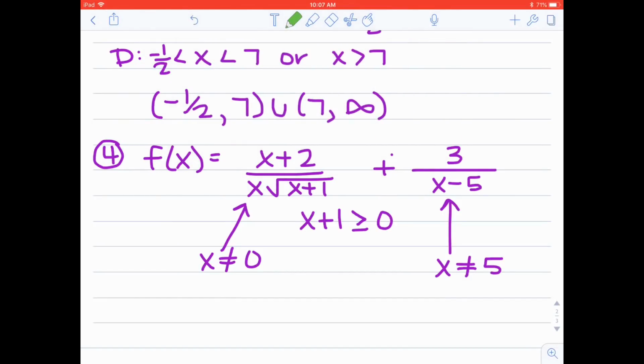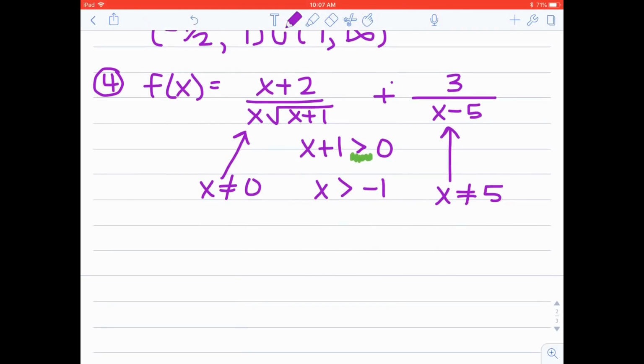So this equal 0 part, I got to get rid of. I can't have that. Okay? And then I'll go ahead and solve. So I'm going to minus the 1 over, and I know that x is greater than negative 1. So I have 3 things happening. I cannot have 0, I cannot have 5, and I have to be bigger than negative 1.